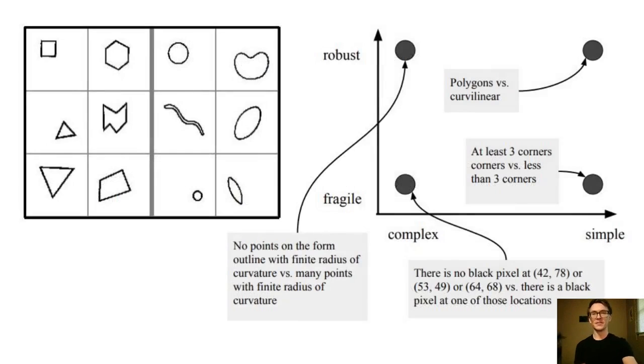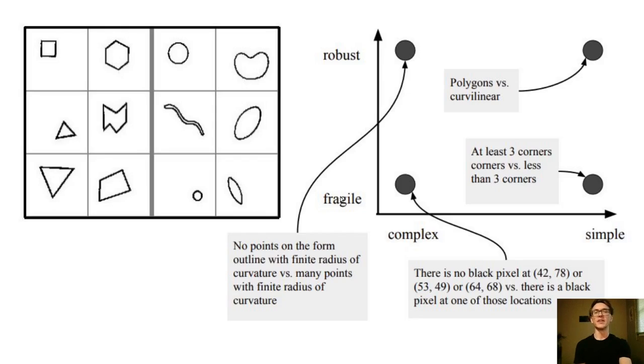To give an example of how there can be many different valid solutions to a BP, we provide this example. So a rule which is both simple and robust, which a human might come up with, is polygons on the left and curvilinear shapes on the right.